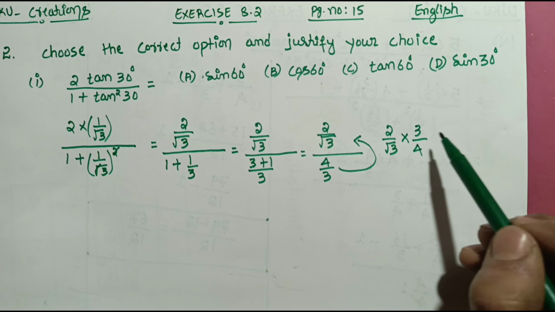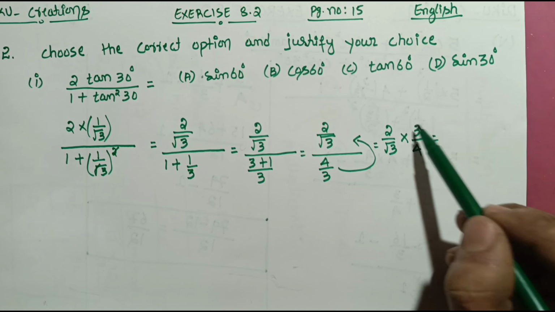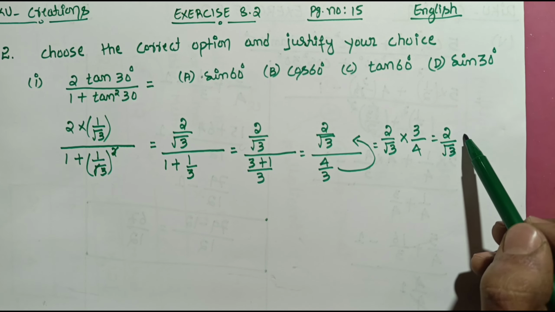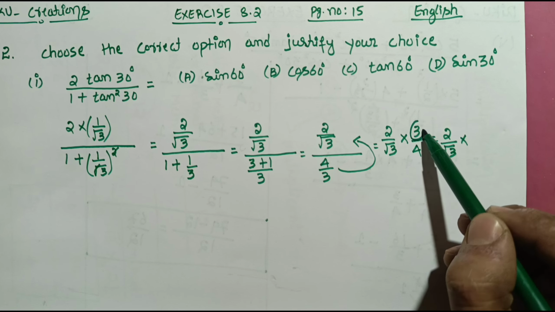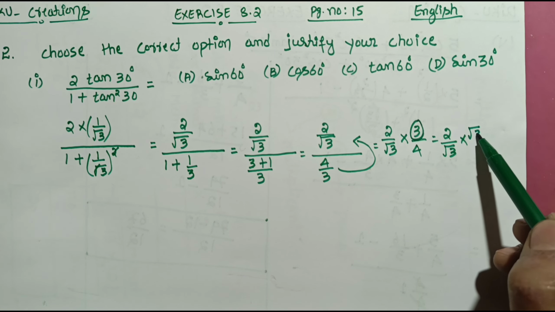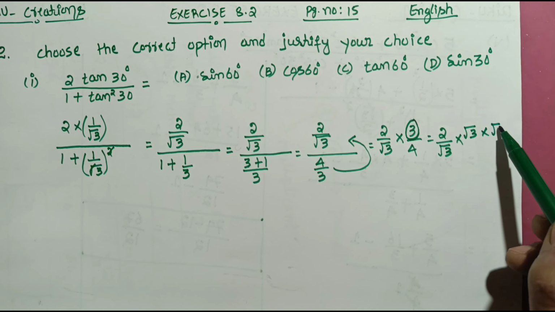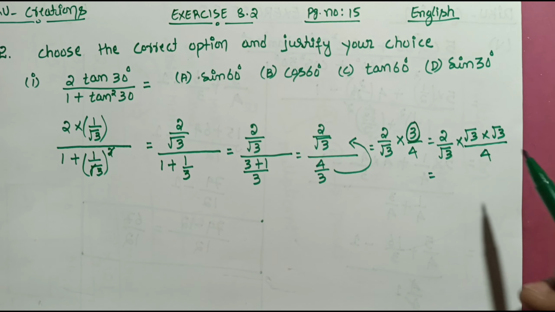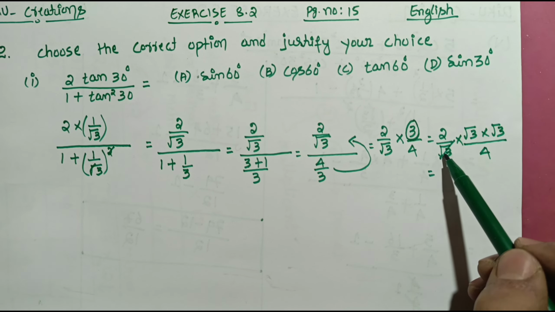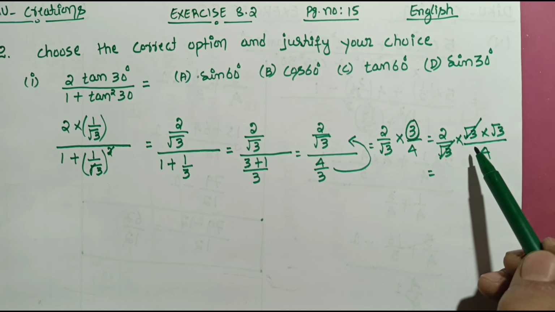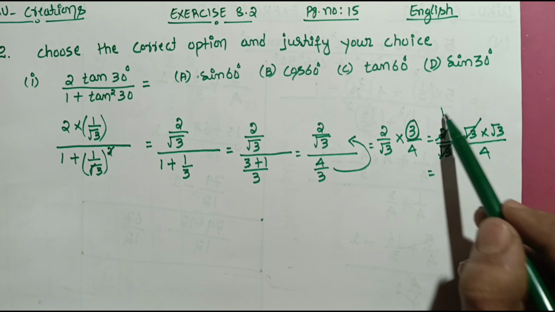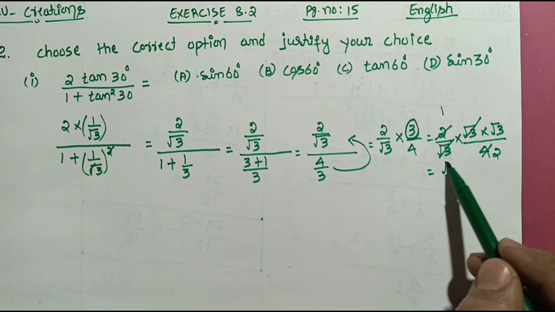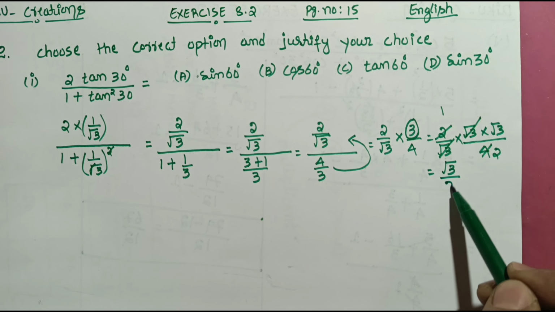Now I need to simplify this, which is equal to, so 2 I will write as it is divided by this root 3 as it is, this 3 I will write as root 3 into root 3, divided by this 4 I will write as it is, which is equal to, now 1 root 3 in the denominator and 1 root 3 in the numerator get cancelled. 2 1 times, 2 2 times. The left out number in the numerator is root 3 divided by 2.